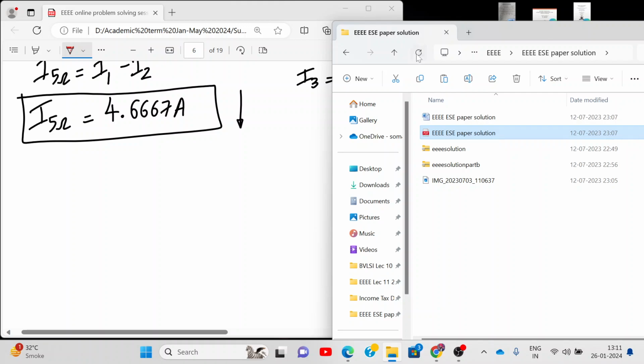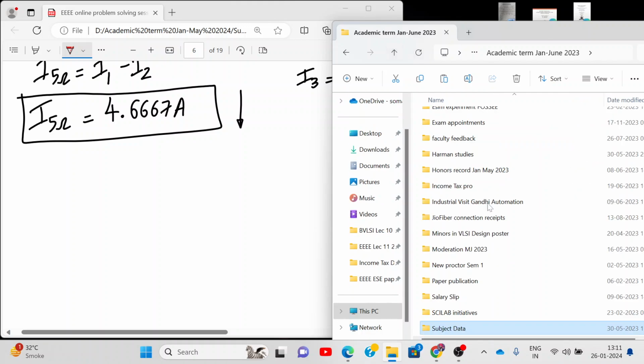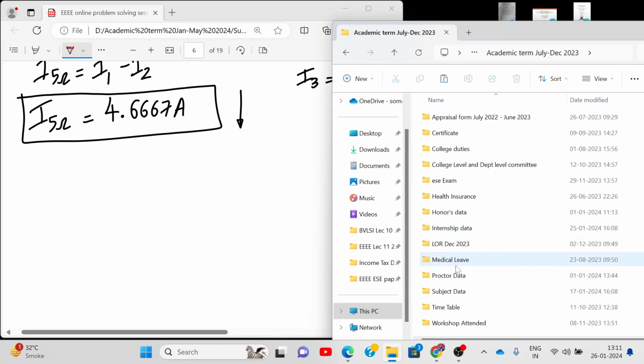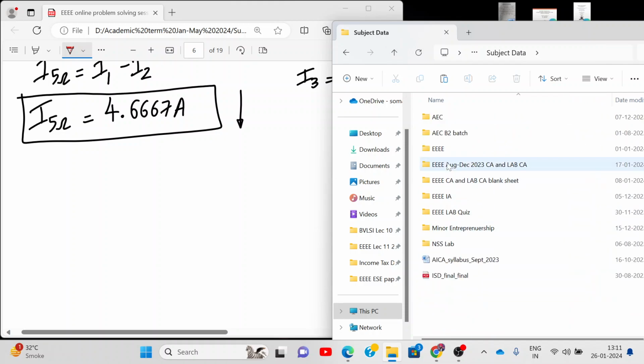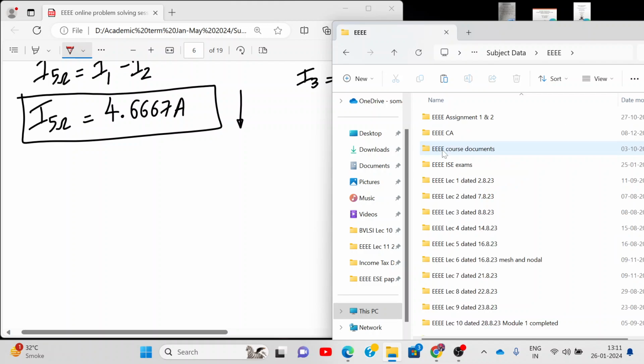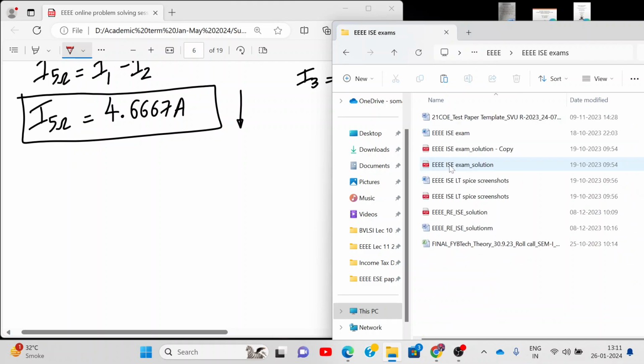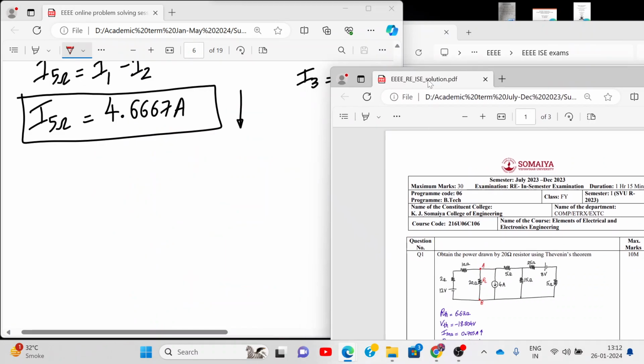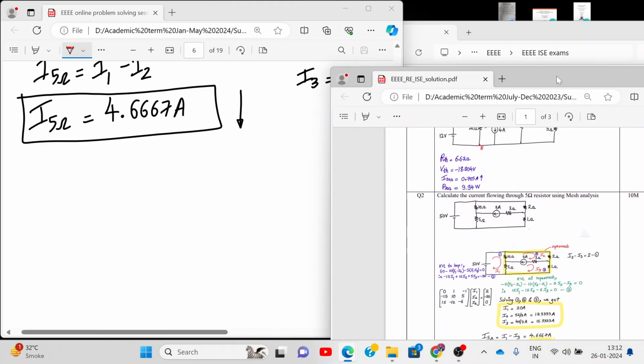So let me take a recent paper. I'll take the ISC paper, is it fine? Last year's ISC exam paper, let me check. I'll check the ISC solution. Norton's theorem was not there.